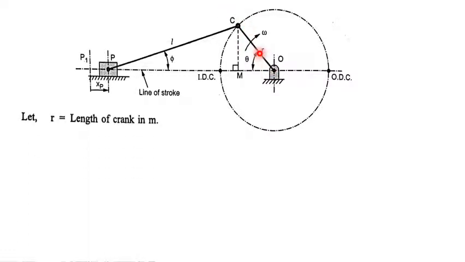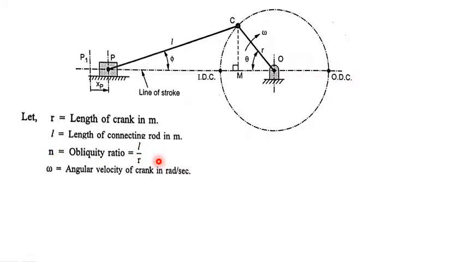So R represents the length of the crank in meters, and small l is the length of the connecting rod, also in meters, and small n represents the obliquity ratio. The obliquity ratio is the ratio of the length of the connecting rod to the length of the crank, and it is represented by small n. n is equal to l by R.